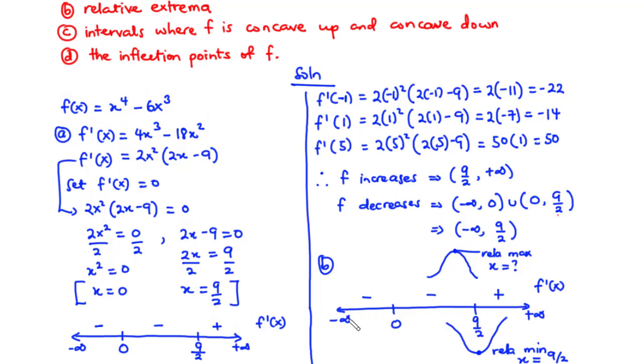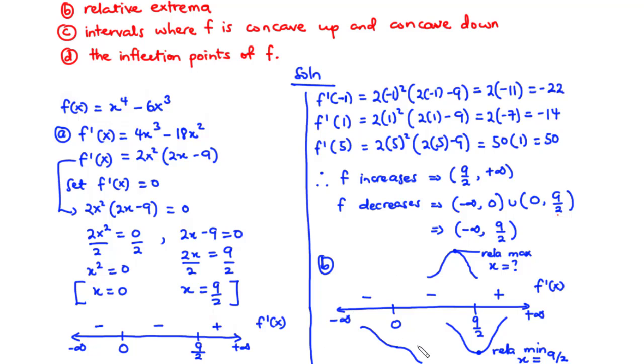So looking at this graph, you realize that the function decreases from negative infinity through to 0, and then further decreases from 0 through to 9/2. Now, since f prime of x does not change sign on both sides of 0, then we say that the function does not have a relative minimum, neither does it have a relative maximum at x equals 0.